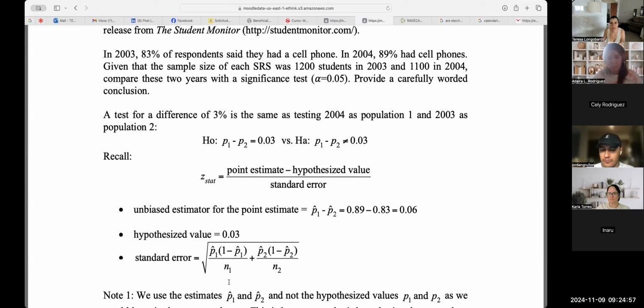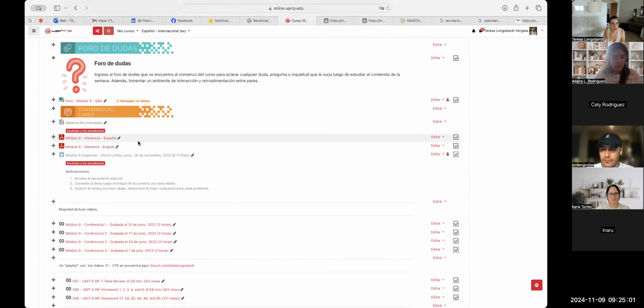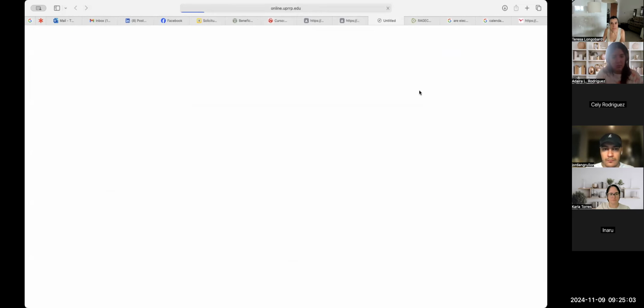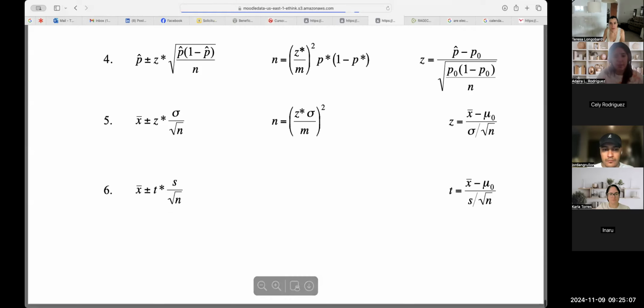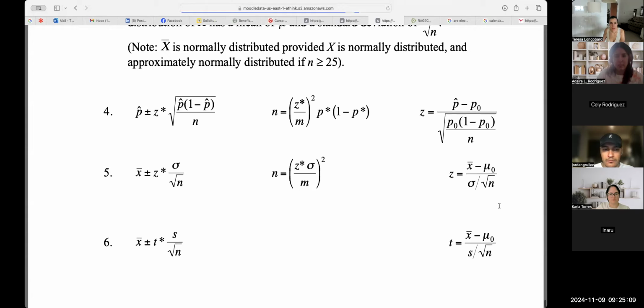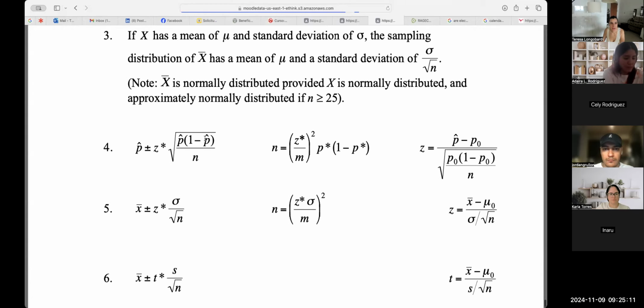Do you remember this? So at the end of the course, it looks like the standard deviation, right? The estimate of the standard deviation is what it looks like.